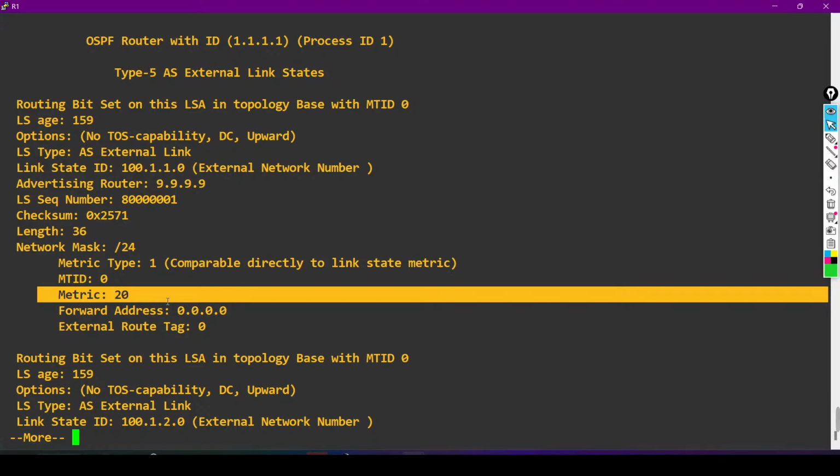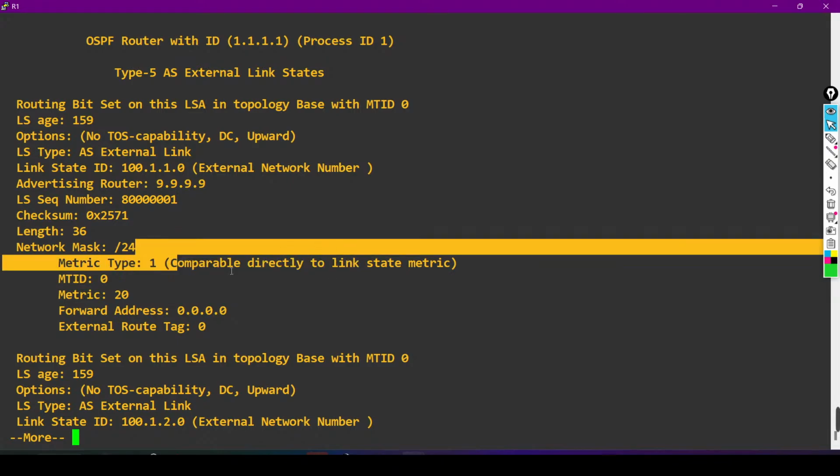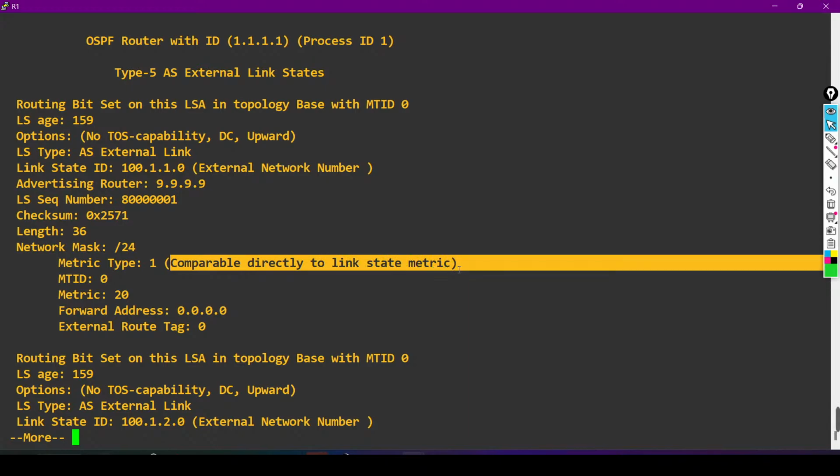Yes or no? So can we manipulate it? Yes, we can manipulate it. Are you able to see the seed metric somewhere, guys? And here you are able to see the metric type that I am using is 1. So it is comparable directly to the link state metric.